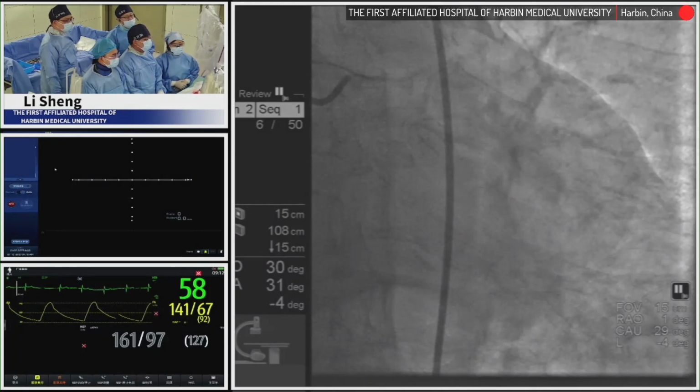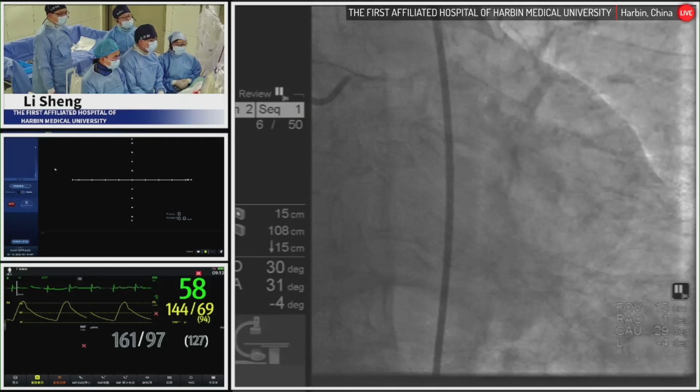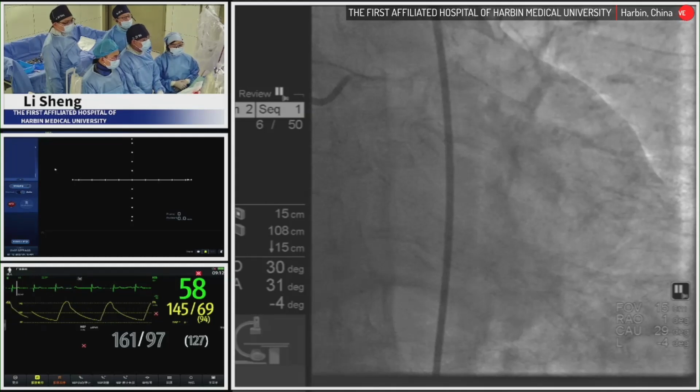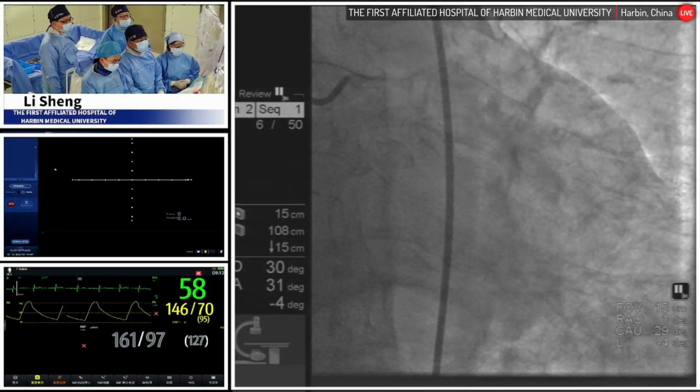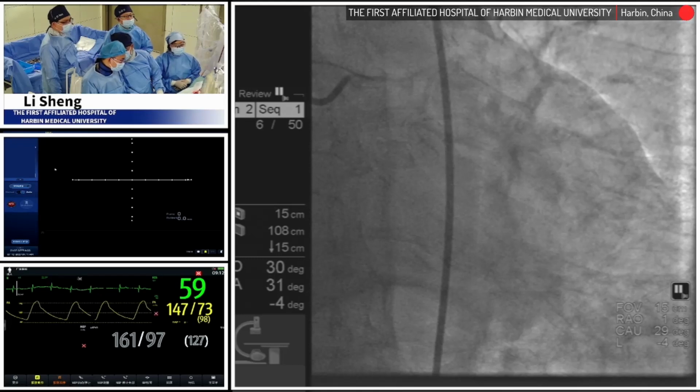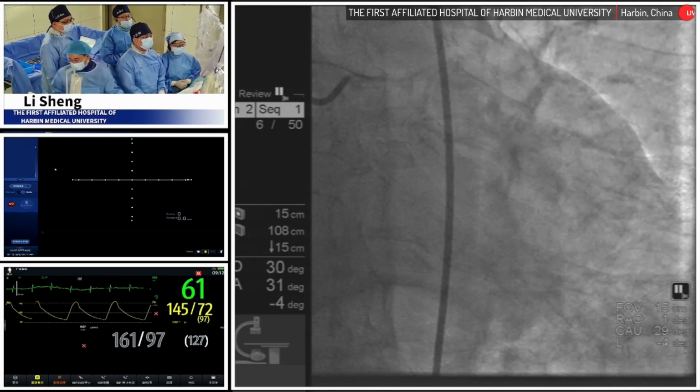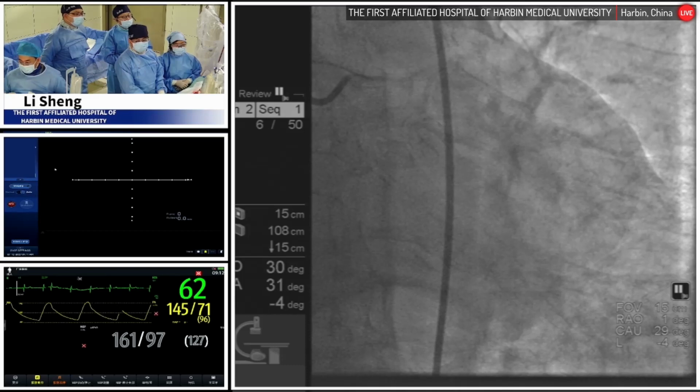FFR-guided circumflex interventions have been proposed to improve clinical outcomes by reducing unnecessary procedures, and may be superior to angiography-guided provisional circumflex intervention.